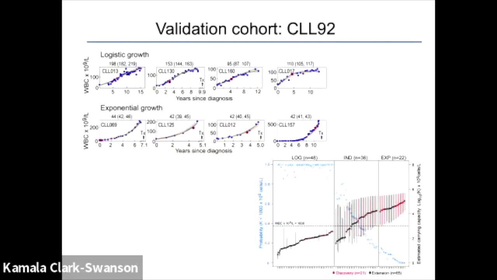For logistic growth, above the little plot, we're giving the estimate of the carrying capacity, whereas for exponentially growing patients, we're giving the estimate of the growth rate as a percentage.